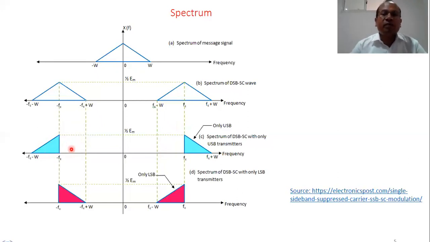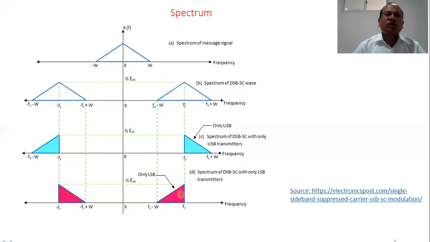So in single sideband, only either USB or LSB. For example, in the fourth part of this diagram, only LSB is communicated. Here in the negative side also, both are LSB. So in this case, only the lower sideband is communicated.